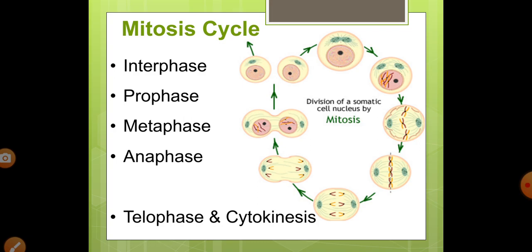The first stage, interphase, is actually the preparation of the cell for mitotic division, in which there are different phases where DNA synthesis and multiplication of the various cell organelles take place and the size increases.